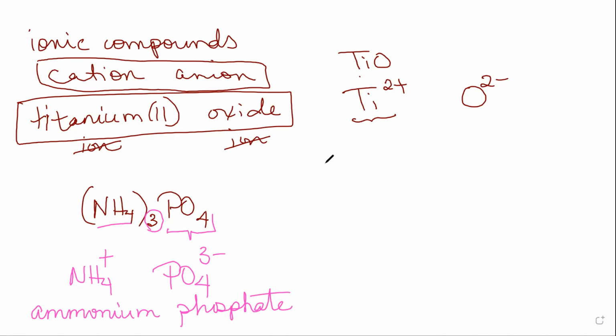What happens if I give you, okay, metal, group of nonmetals, you know it's an ionic compound. What would you name this?